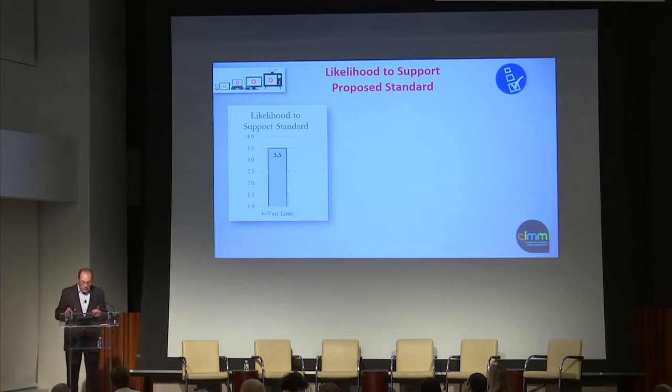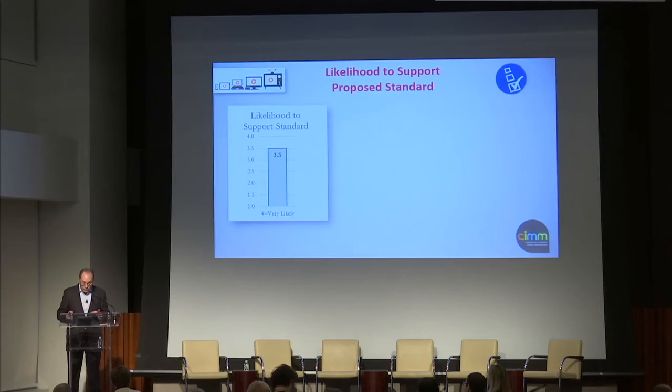But in this case, the median score was 4, with the majority very likely to support this standard. So there were some that felt that it was somewhat important. The reasons were varied, but it's centered on the notion that whether this becomes a true currency or not, the industry desperately needs a unified approach to measure video advertising.